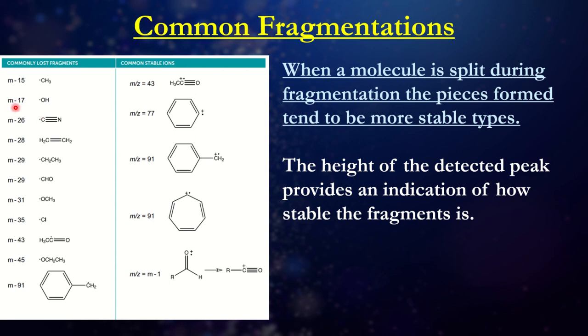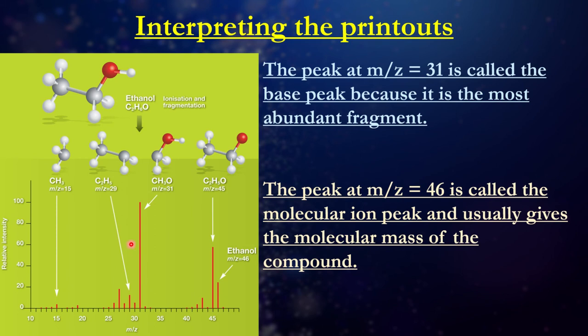If we get an M17, that represents a hydroxyl ion group. So it's actually given to you. Under exam conditions, some information should be provided that allows you to look at these different mass to charge ratios and then interpret these graphs, to work out what the exact structure could be.